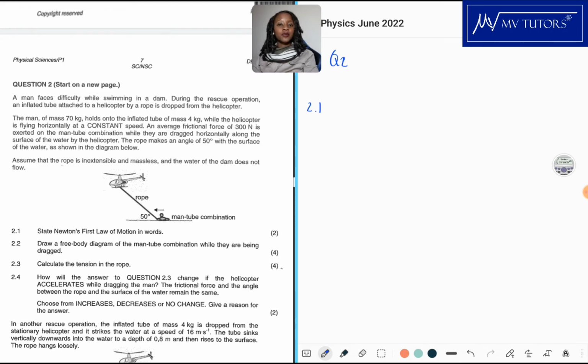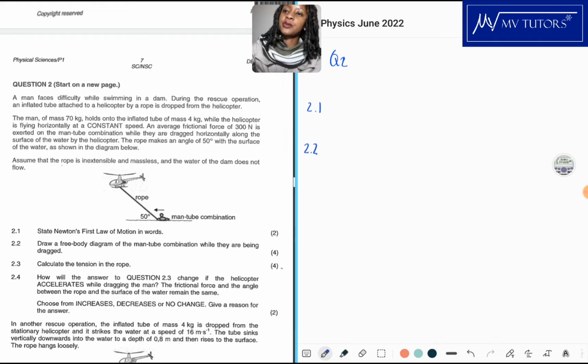And this external force must not be equal to 0. So a body will remain at rest or move at constant velocity along a straight line unless a net external force is exerted on it. And then you get your 2 marks.